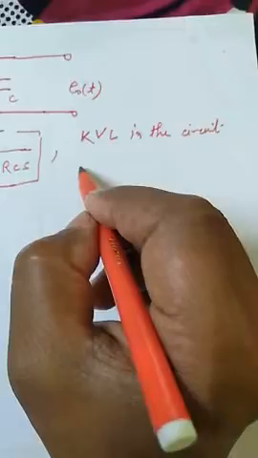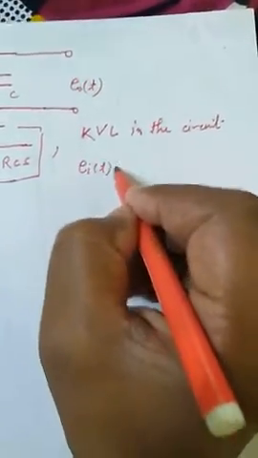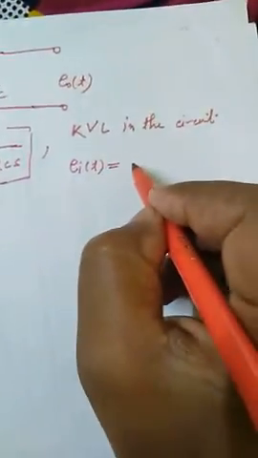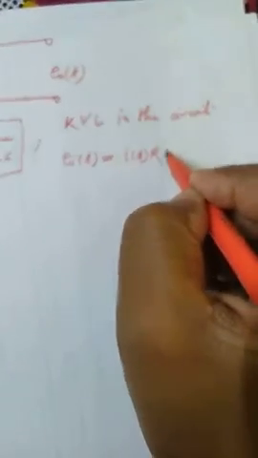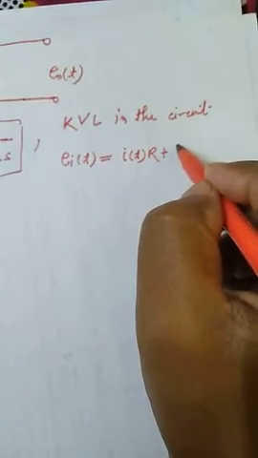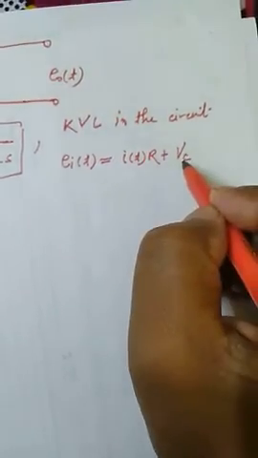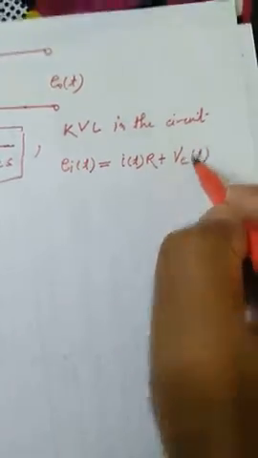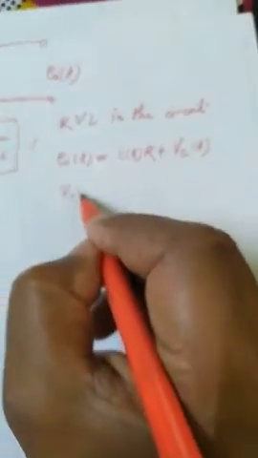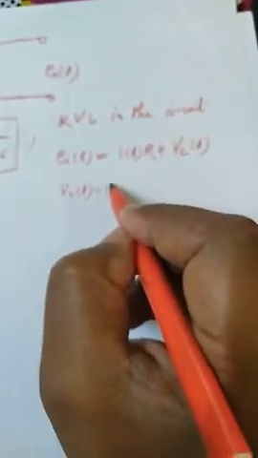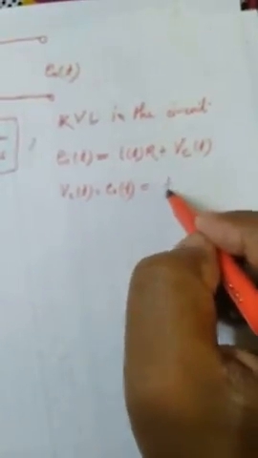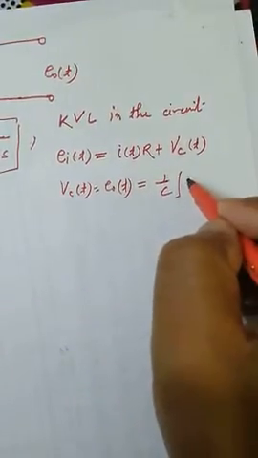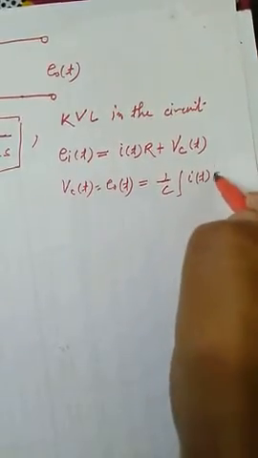So it is ei(t), that is our input voltage, equal to the current times R plus the voltage across the capacitor. And what is the voltage across the capacitor? That is equivalent to the output voltage, because both are in parallel, and it is given as 1 upon C integration of i(t) dt.